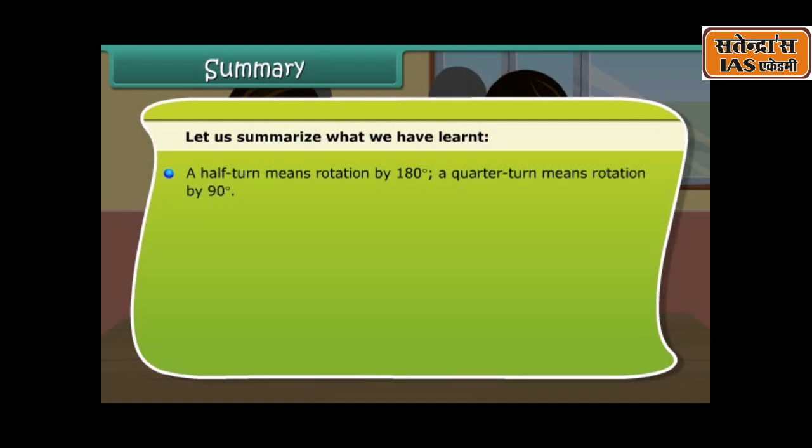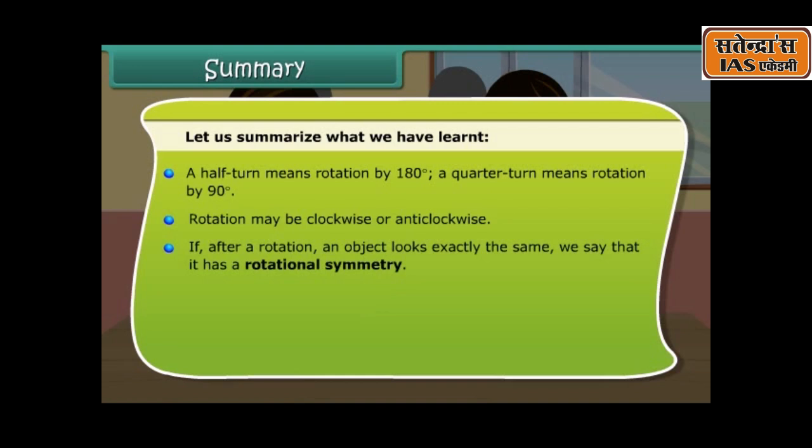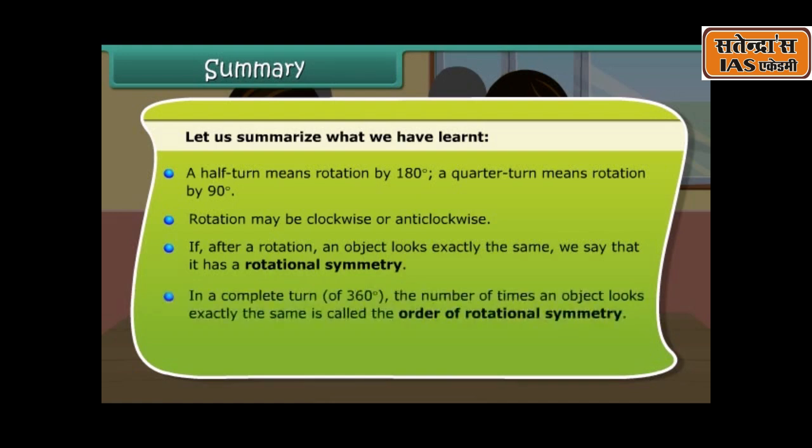A quarter turn means rotation by 90 degrees. Rotation may be clockwise or anticlockwise. If after a rotation, an object looks exactly the same, we say that it has a rotational symmetry. In a complete turn of 360 degrees, the number of times an object looks exactly the same is called the order of rotational symmetry.